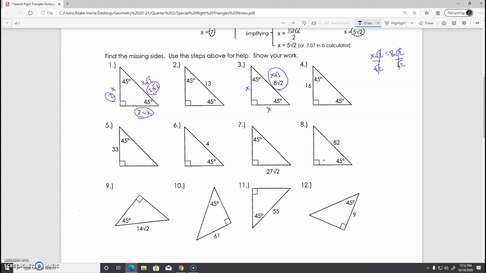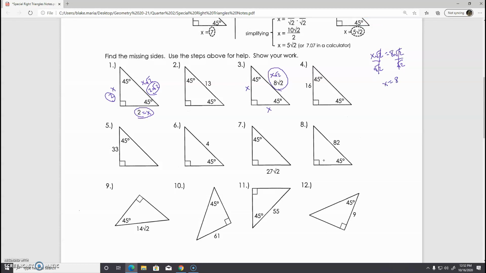And this one actually winds up being really nice. X equals 8. So we know this side is 8, and we know this side is 8, because X equals 8. So some of them are pretty easy. And then you get ones like number 2 or number 6. Those are the harder ones. And you'll be able to pick those out once you start getting the hang of this.